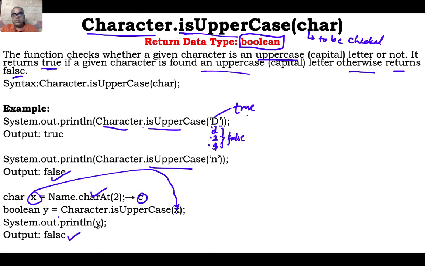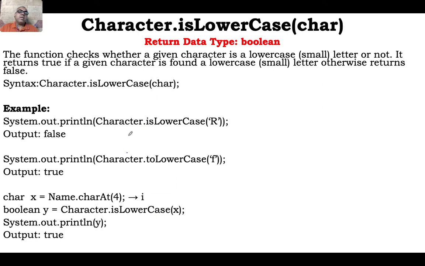Now, exactly opposite to this, you have a function called Character.isLowerCase. This function will check whether a given character is a lowercase letter or not. In this case, like the previous one, the return value is Boolean.